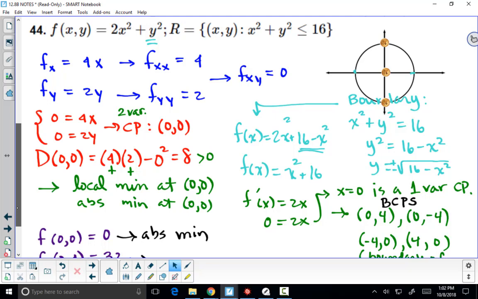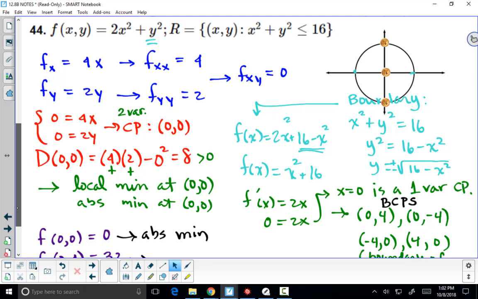So if we think about plugging in the upper semicircle, y equals the positive square root of 16 minus x squared, x equals -4 and x equals +4 are boundary points for that curve. So those boundary points have to be tested separately.